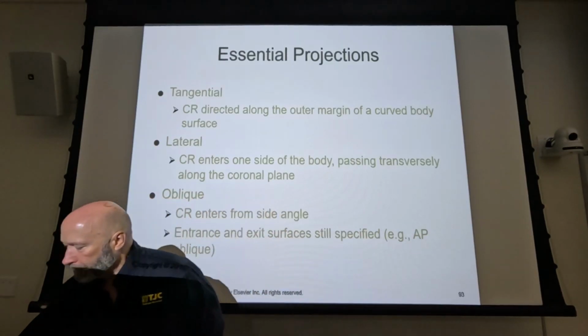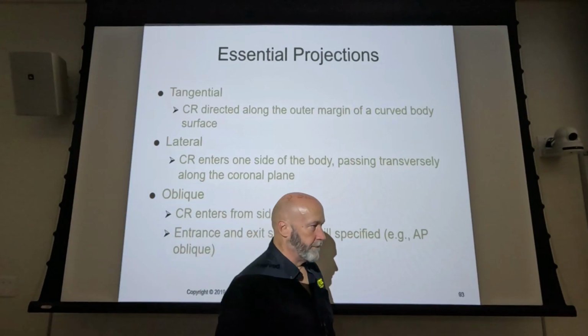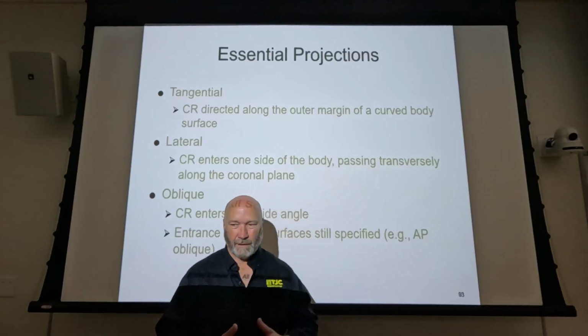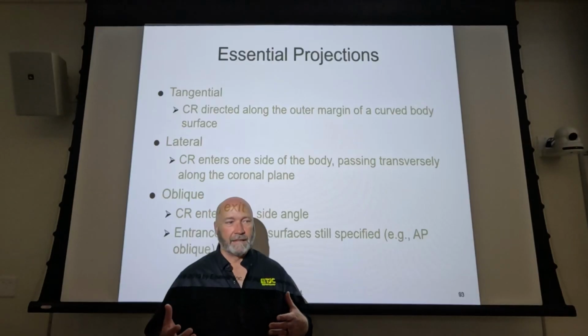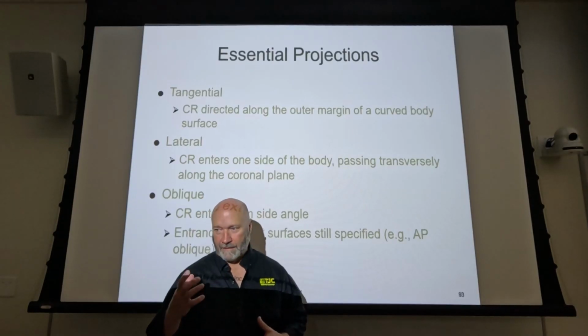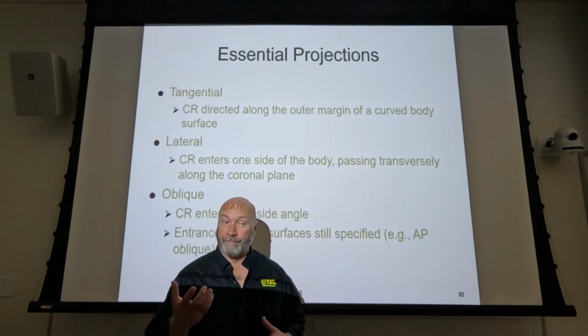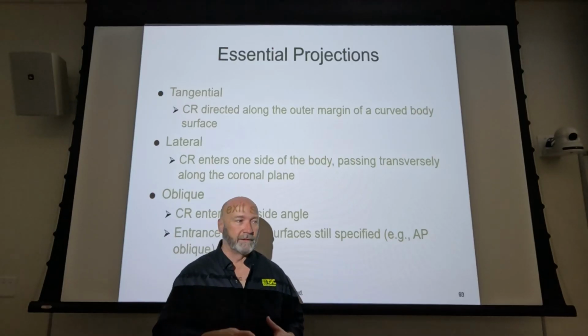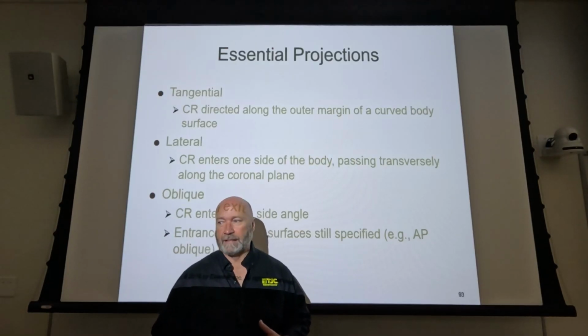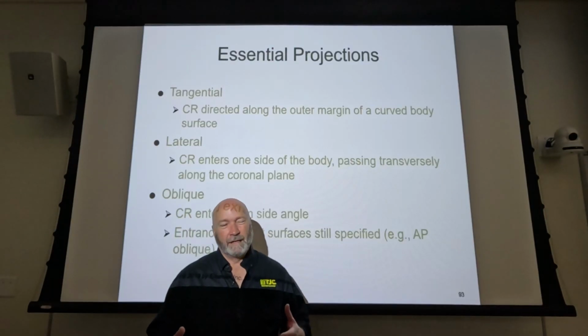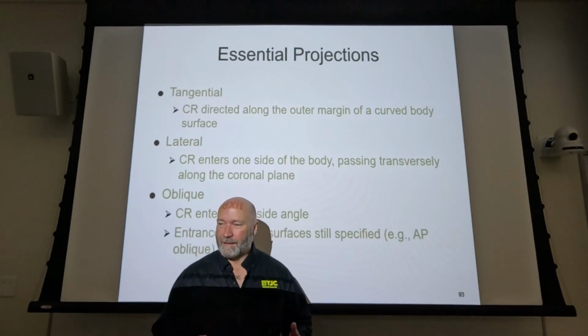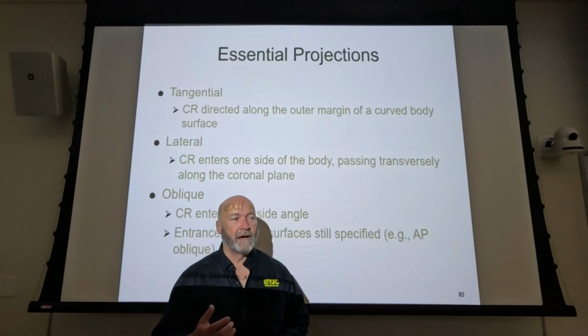For example, a knee is something we're going to go through in lower extremity in a few weeks. So in order to visualize the knee, the problem with the knee is that you've got the femur and the fattest portion of the femur right over the kneecap. So if you need to see the kneecap, you need to see it by itself, right? So you can see it a little bit through the femur, but it's not real clear.